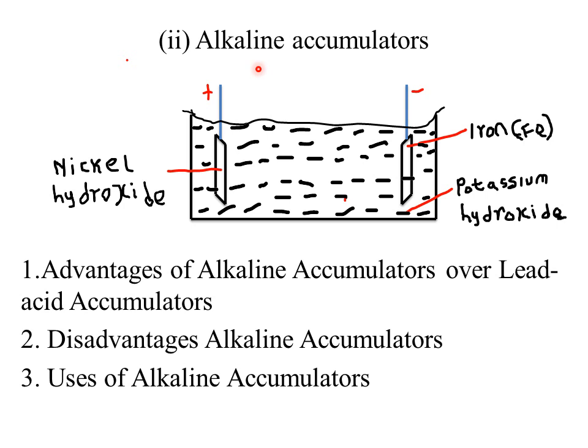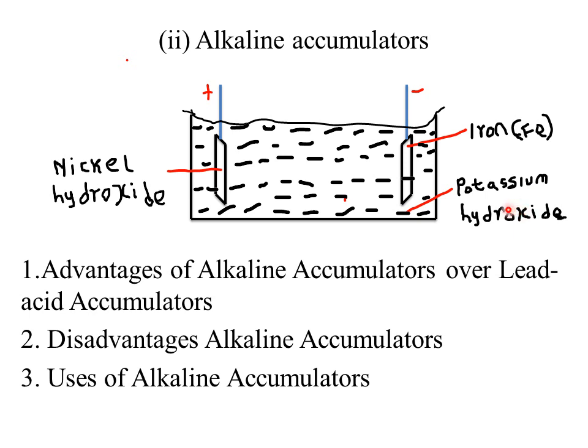In this case, the alkaline we are talking of is potassium hydroxide. Remember, potassium hydroxide is a base, and bases are always alkaline in nature. So the electrolyte in this case is an alkaline solution such as potassium hydroxide.